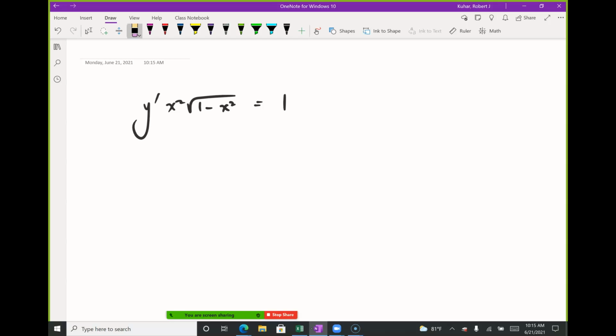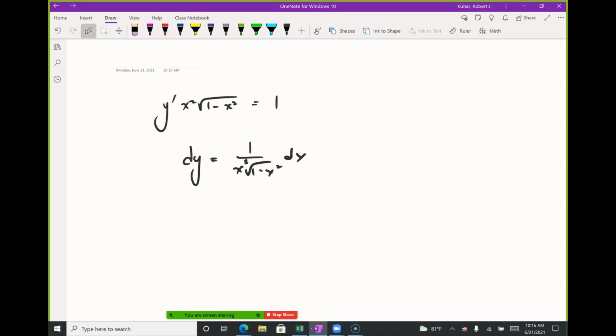Something like that. It doesn't matter. But then, of course, dy equals 1 over x squared square root of 1 minus x squared dx. Right? And so what kind of problem is it? Trig sub. Yeah.